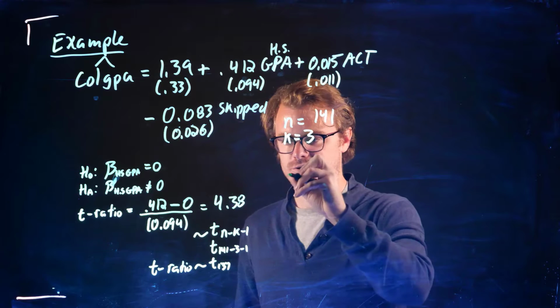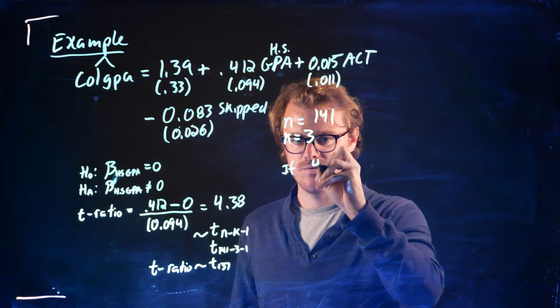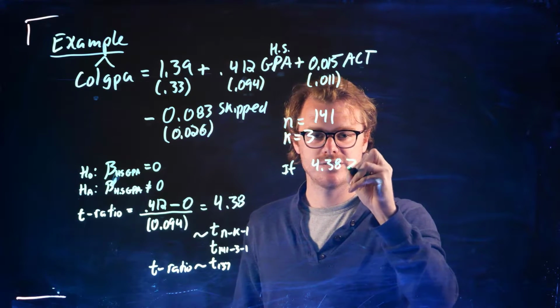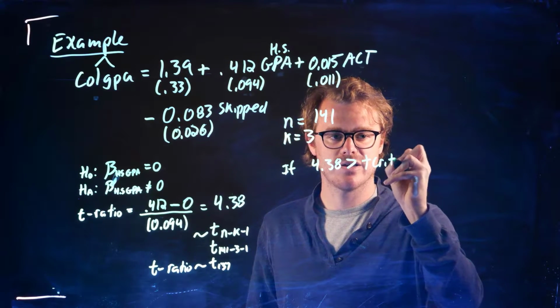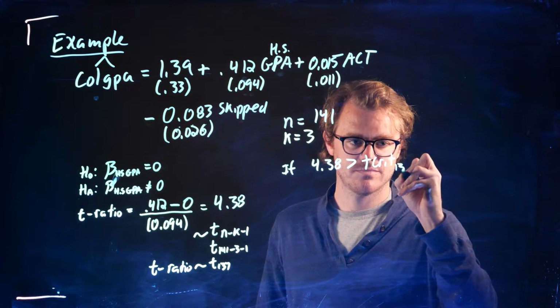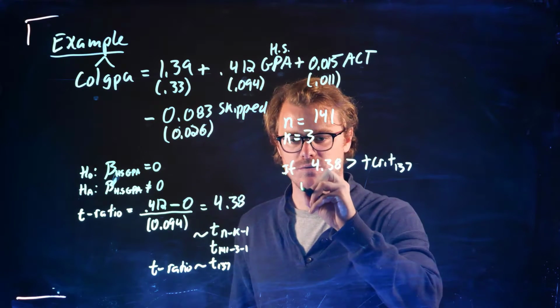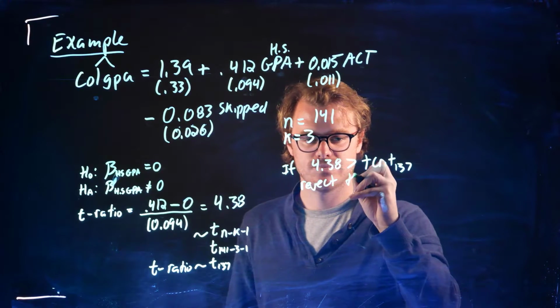And then to reach a conclusion, if 4.38 is greater than the critical value of the t distribution with 137 degrees of freedom, we're going to reject the null.